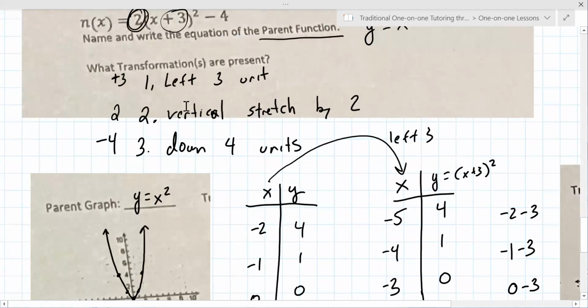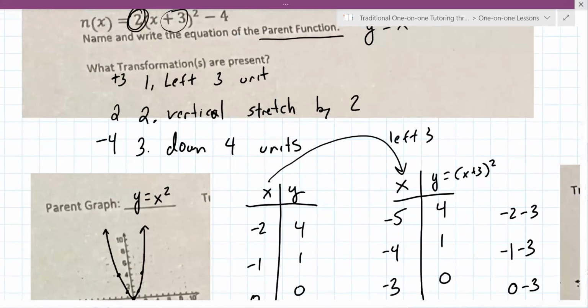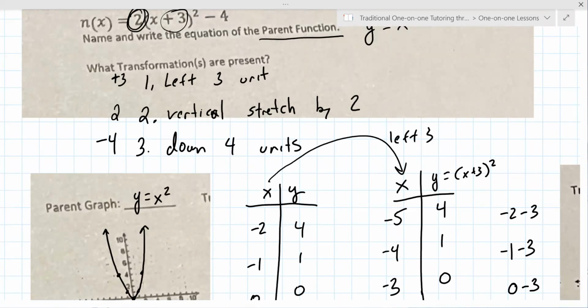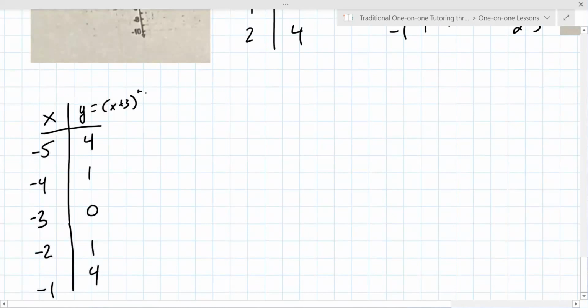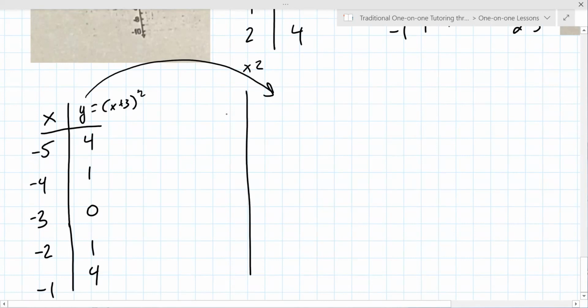The transformation here is a vertical stretch by 2. A vertical stretch by 2 is now going to be for the -5, 4, -4, 1. It only affects the y values. So the y values are going to multiply by 2, not the x values.